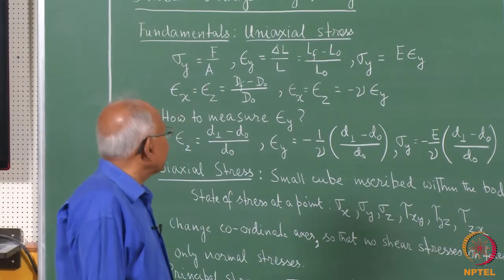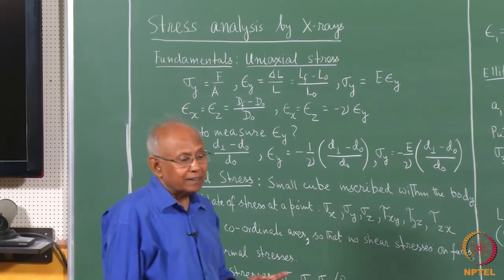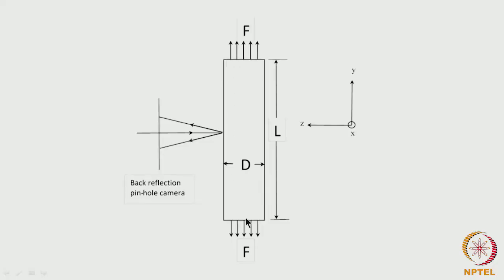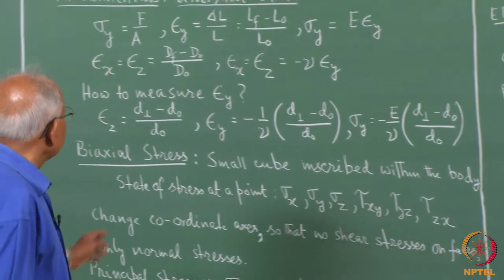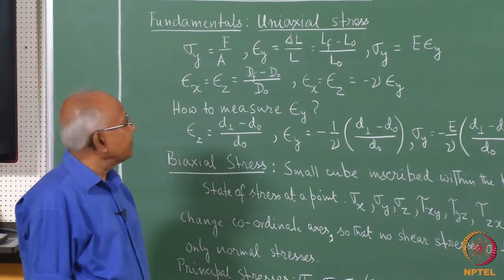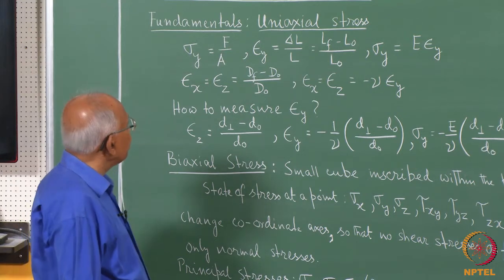Say for example, if we have uniaxial stress as shown over here, say this is a cylindrical rod of diameter d and length L. Say for example, we have a force F acting in these directions as shown. In that case, the stress will be equal to F by A. A is the area of cross section of the rod.